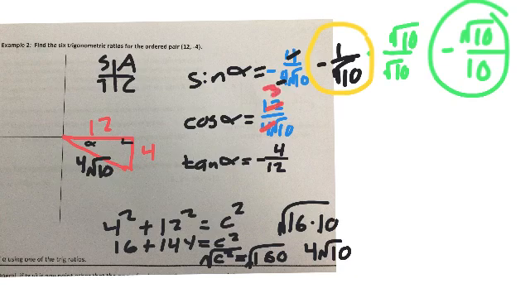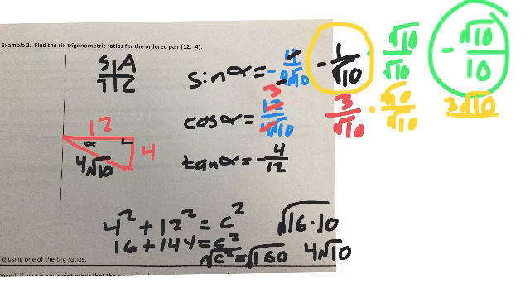So this is the same thing as 3 over radical 10. And now to rationalize that, I need to get rid of the radical 10 in the denominator. So I'm going to multiply by radical 10, and that's going to give 3 radical 10 over 10. So again, that would be my answer for cosine of alpha.